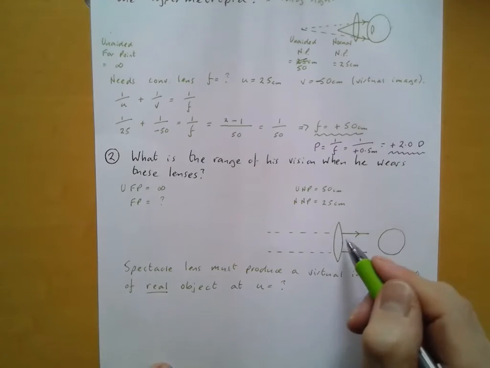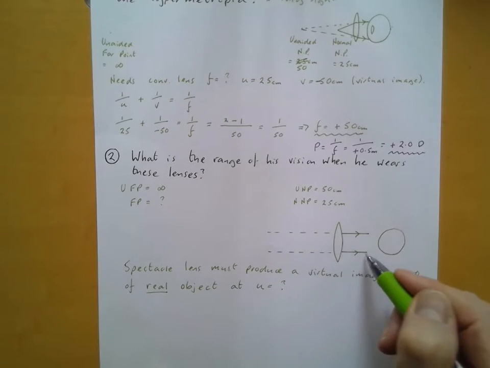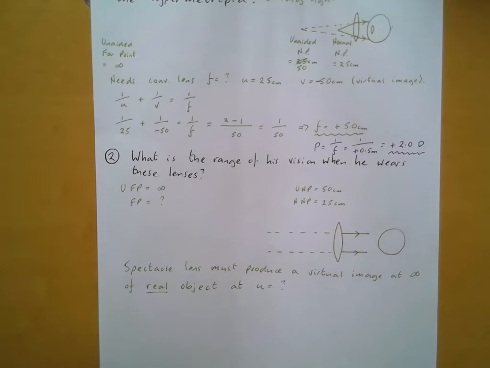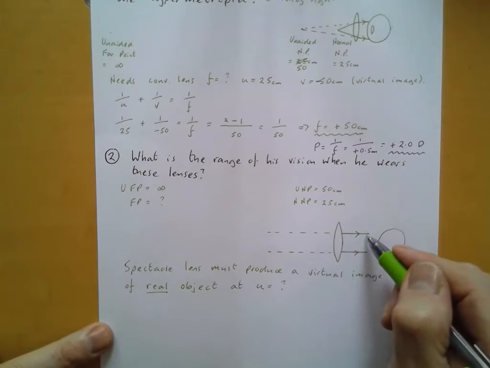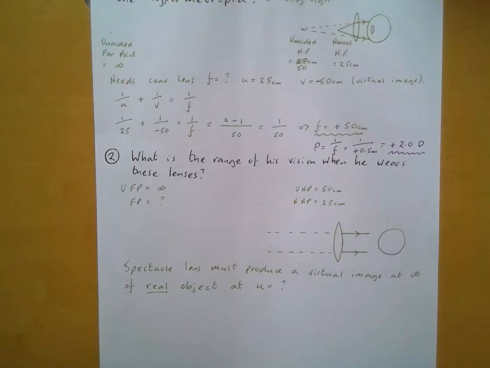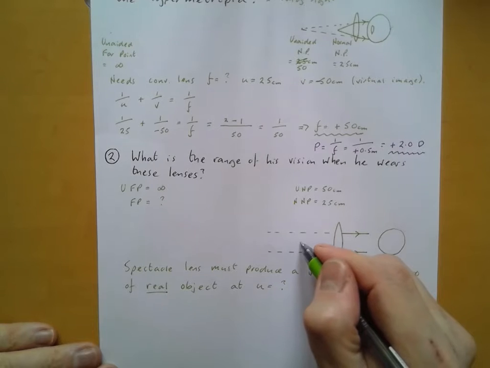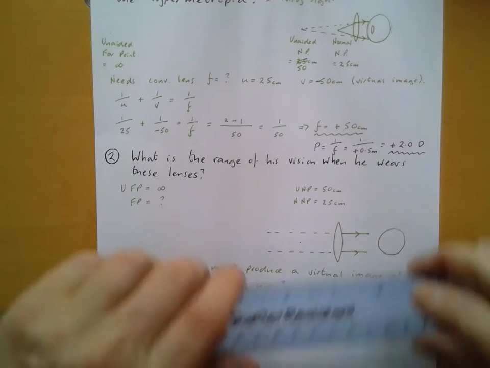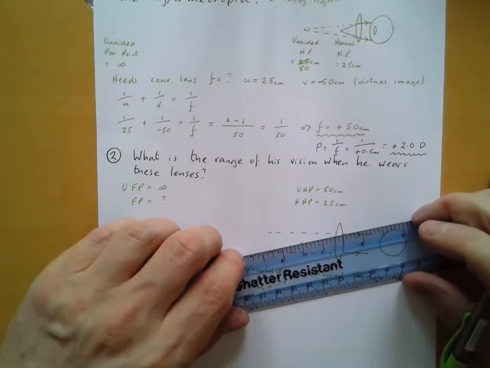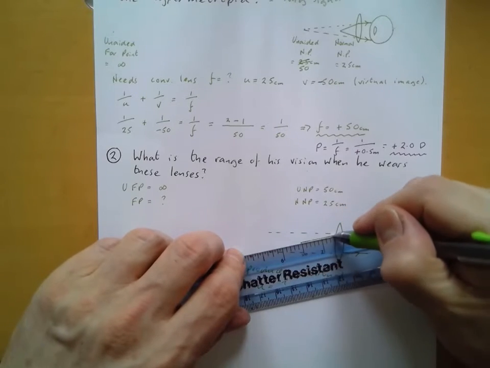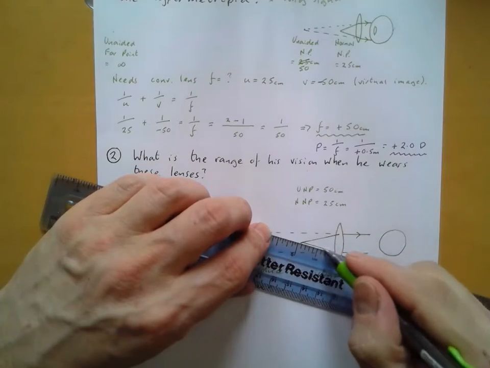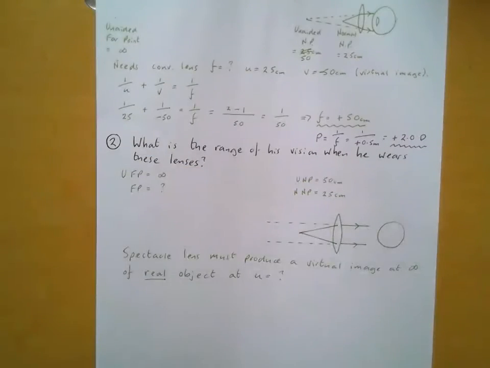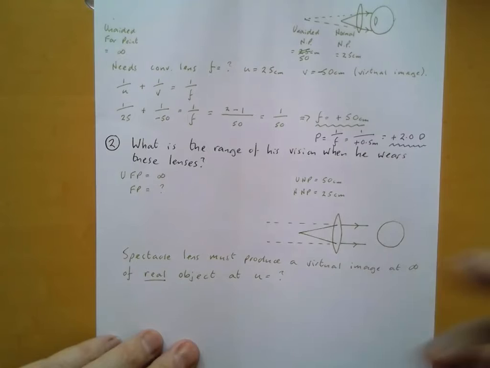Okay, well, if the lens is going to produce parallel rays, we can make a little shortcut here. Because we can say, if the lens is producing parallel rays, where must those rays have come from? And the answer is they must have come from the focal point. So there's the focal point.